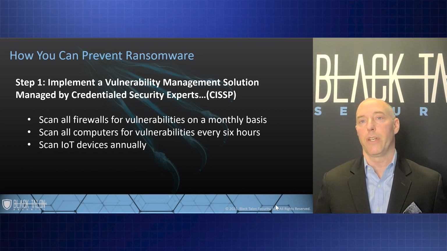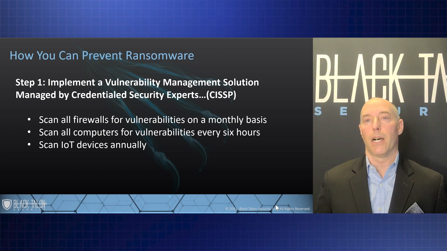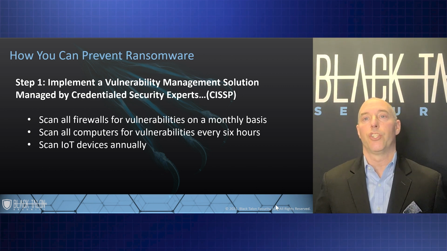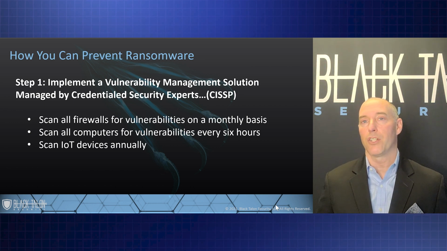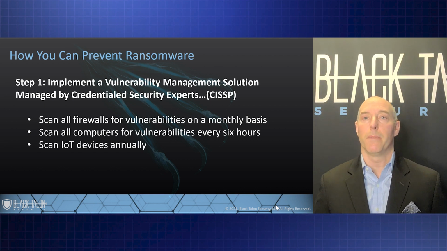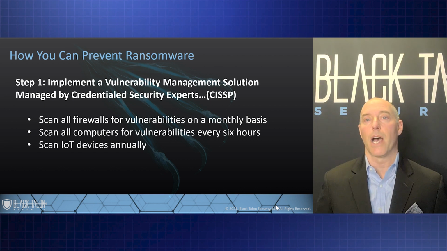This is a credentialed individual who has gone through a lot of training, a lot of courses in order to be a credentialed security expert versus a generalist or someone who isn't credentialed that kind of just looks at data. Maybe they have some security knowledge, but it's like going to a doctor and finding out they're not an MD or a DO, right? Or a DDS or a DMD. They just claim to be a doctor, but they're not.